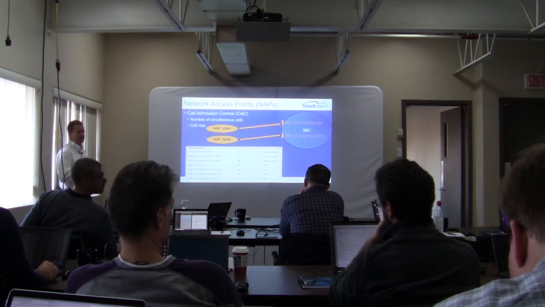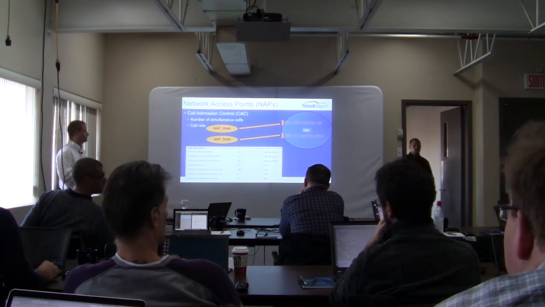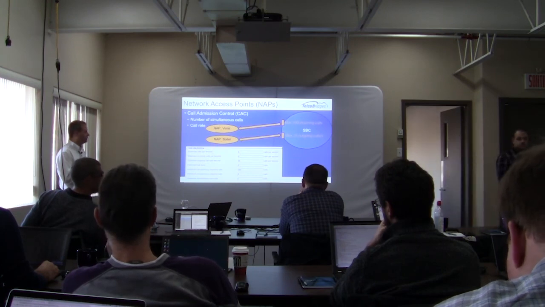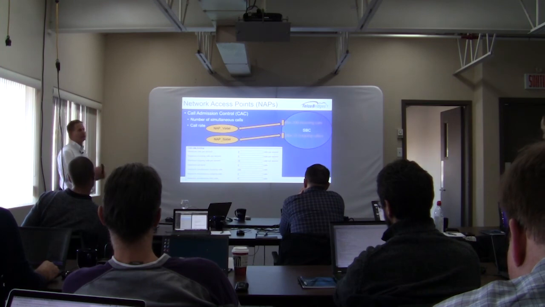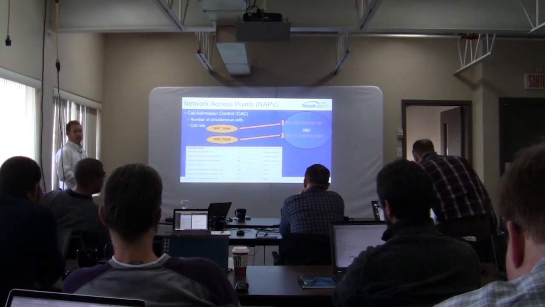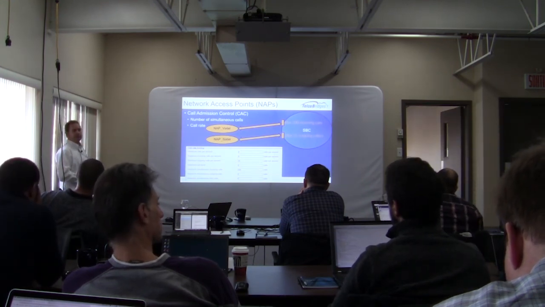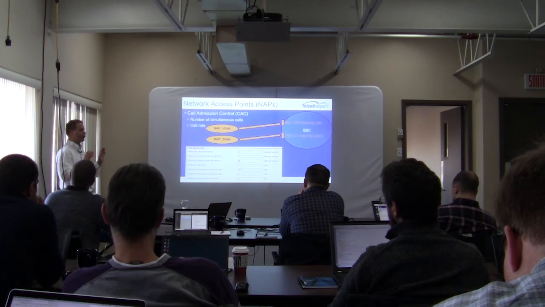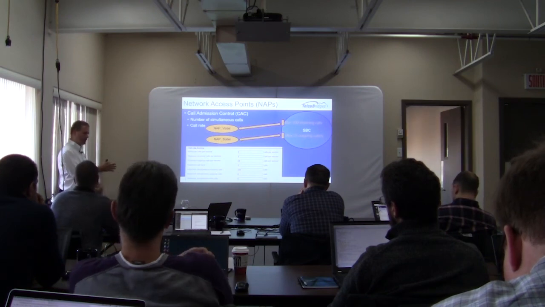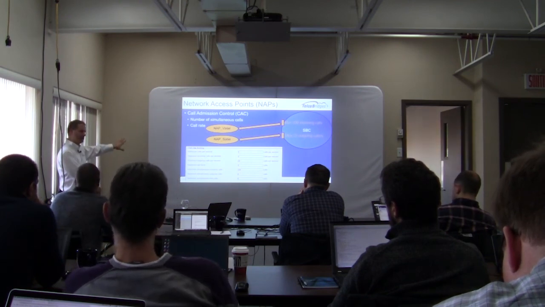What's that maximum incoming calls per second based on, the whole machine? Per NAP. This is specific to this particular network configured. But if I'm getting slammed, I can say, hey, this guy here, block it. There's an automatic block which is configurable in the SBC, but this one is an additional one.